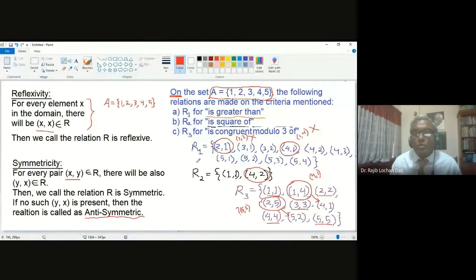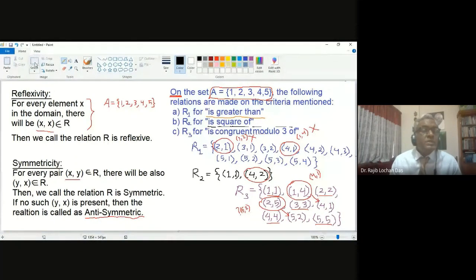R1 and R2 both are antisymmetric, because if you have something available and some others are not, then not symmetric. And if you have no reverse element available, that is called antisymmetric. So R1 and R2 both are antisymmetric, and R3 is symmetric.